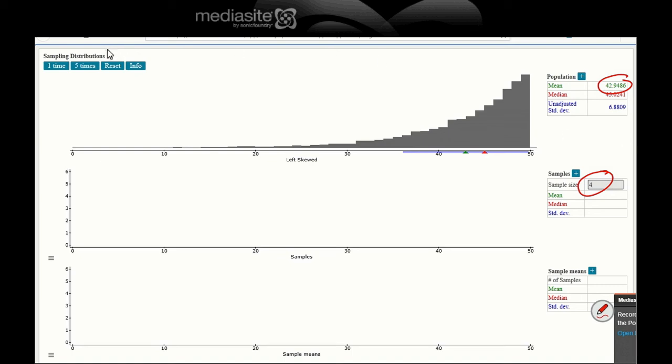If we increase it for each mean to be 4 samples per average, we should get there a lot quicker. 42.9.